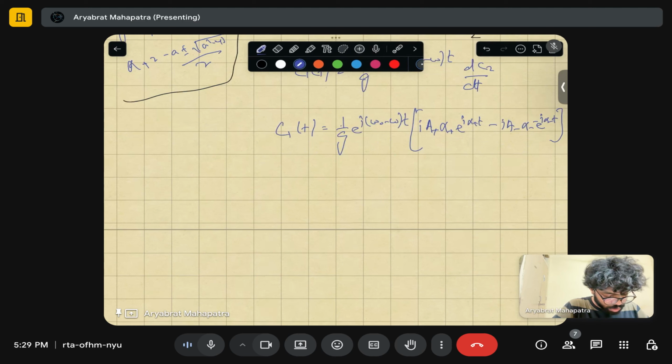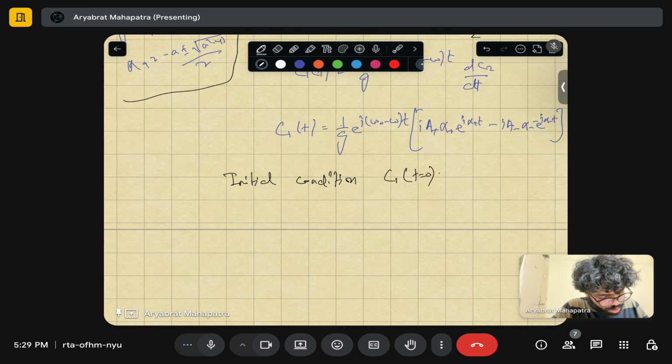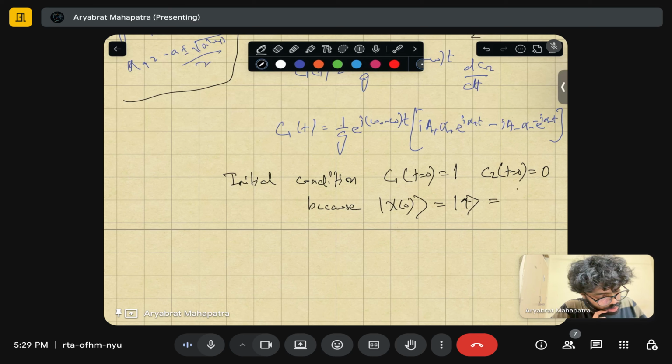Then the initial condition you have to use is as given in the question also. The initial condition is c1 of t equal to 0 is 1, and c2 of t equal to 0 is 0, because the initial state is given as up state, that is 1 0.